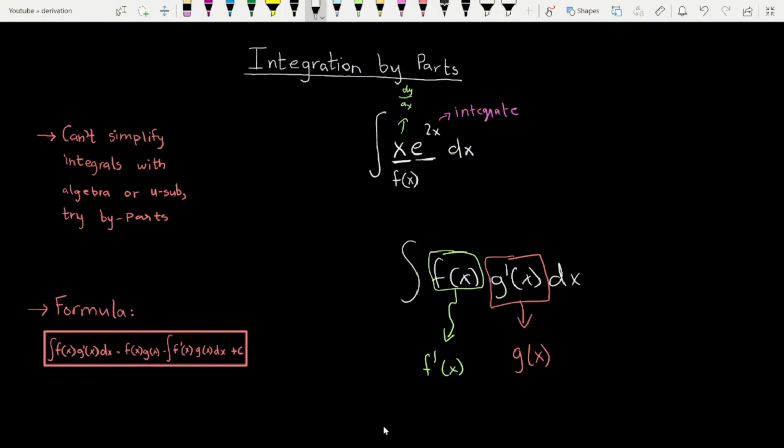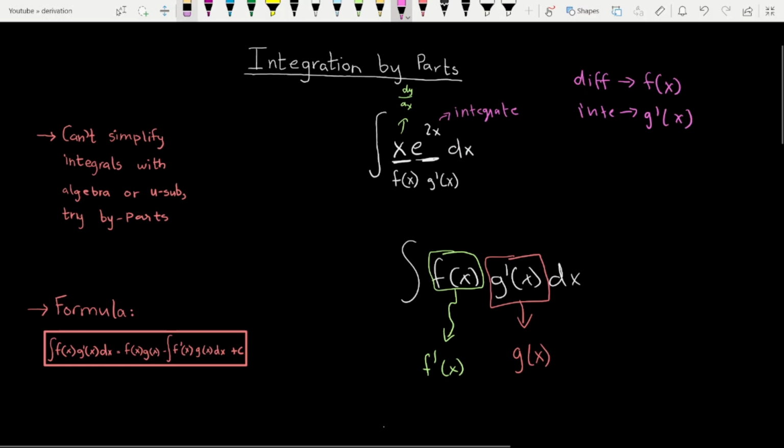And this part, since I'm integrating it, I can say this is g prime of x, and when I integrate it, it's going to become g. So an easy way to remember this is whatever you differentiate becomes your f of x, and whatever you integrate becomes your g prime of x. That's an easy way to remember it.